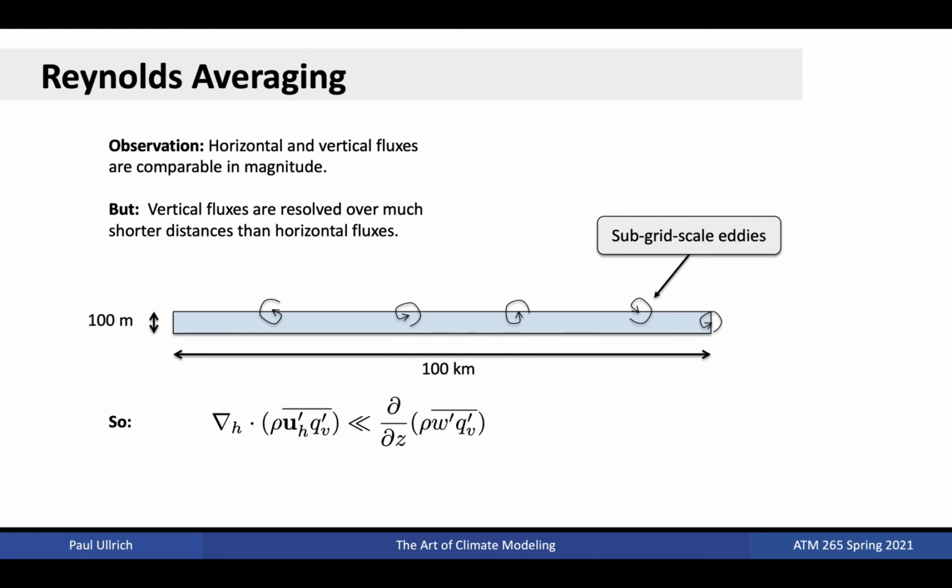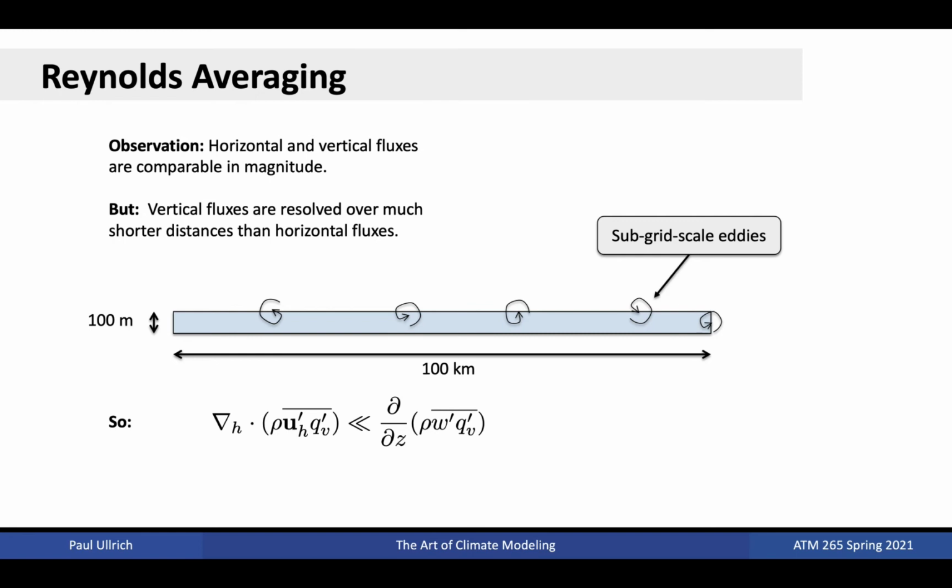Generally, these assumptions are based on scale analysis of the underlying problem, or empirical relationships between unknown terms and known terms. In our current problem, we'll leverage the observation that the unresolved horizontal and vertical fluxes are generally comparable in magnitude, but that because of the pancake-like nature of individual grid cells, these vertical fluxes are resolved over much shorter distances than the horizontal fluxes.